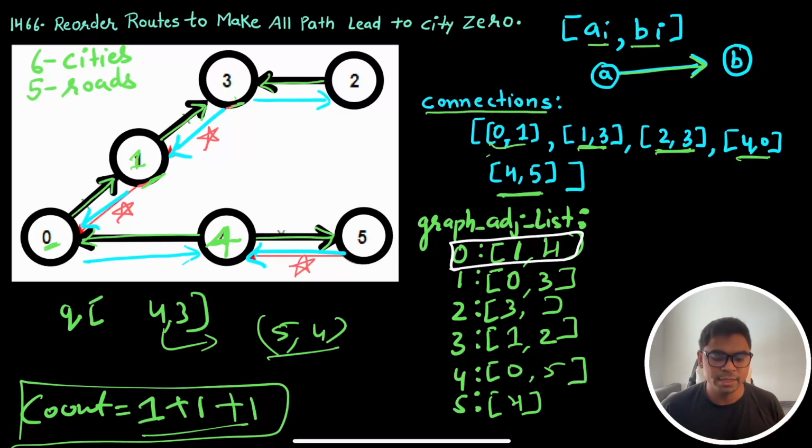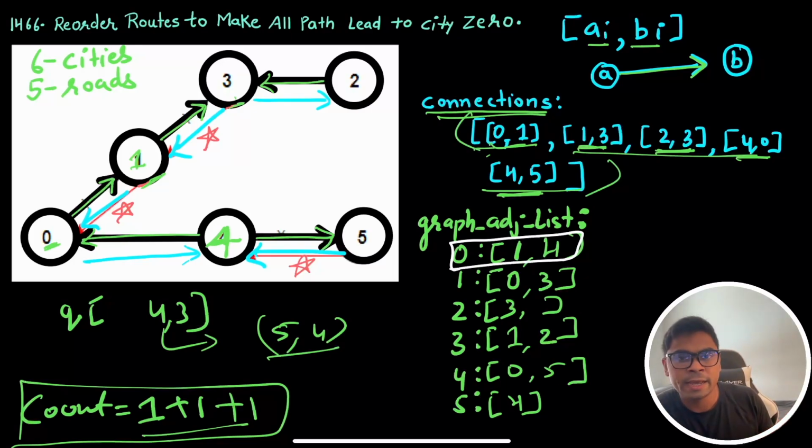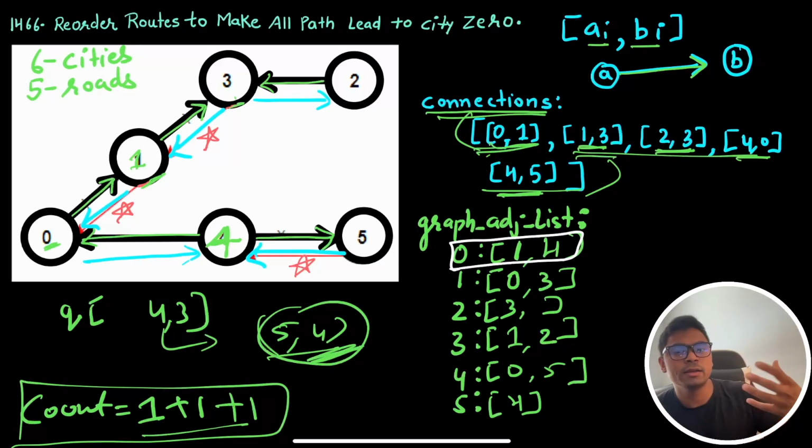So I'll have a visit set, then I'll create a set of all these values, so that in constant time I can check if this new road that I'm creating is present here. If it is not, then I will increment my count. So right now I think things are very clear.